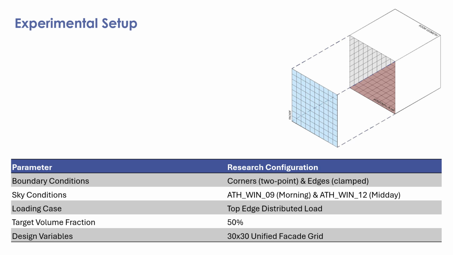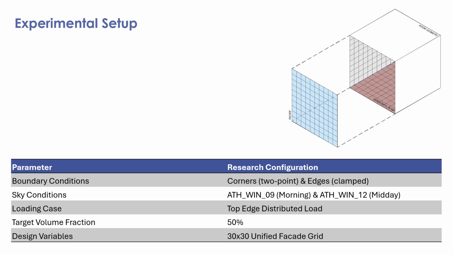Our structural boundaries are designed to align with standard BESO benchmarks. For daylighting analysis, we evaluate the facade under the CIE Sky 7 model with local solar data for a winter morning at 9 o'clock and winter midday at 12 o'clock.